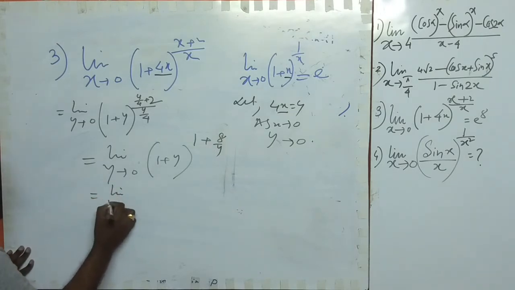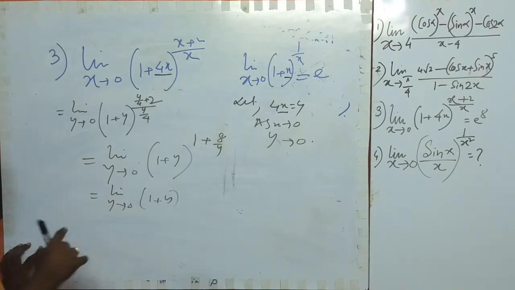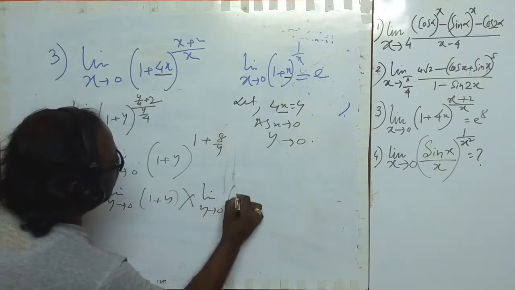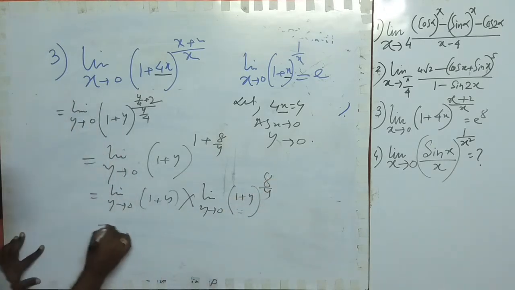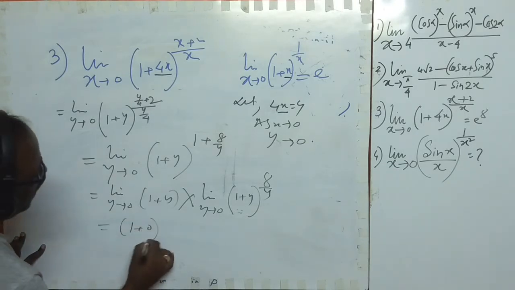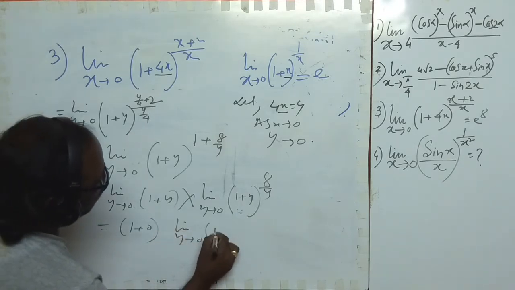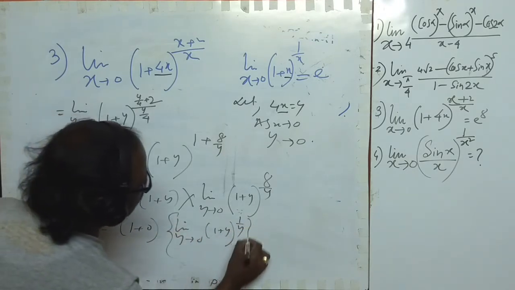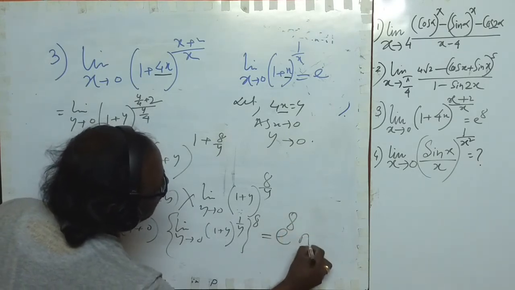This equals limit of (1 plus y) into limit of (1 plus y) to the power 8 by y, and the first is 1 plus 0. We can write it as limit y tends to 0 of (1 plus y) to the power 1 by y, whole to the power 8, so e to the power 8 we can write.